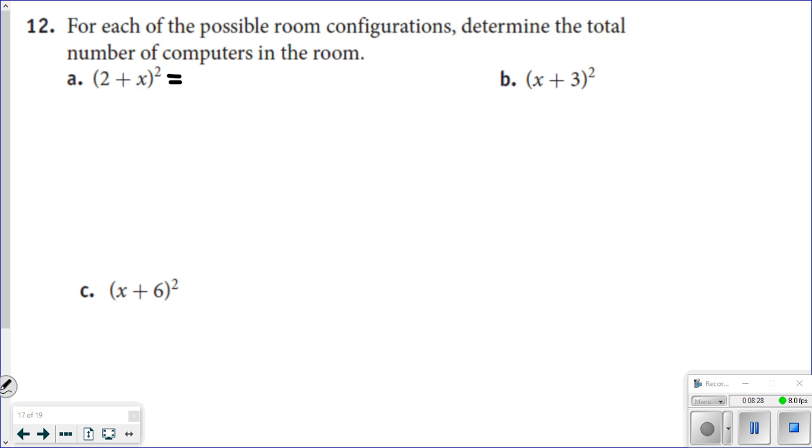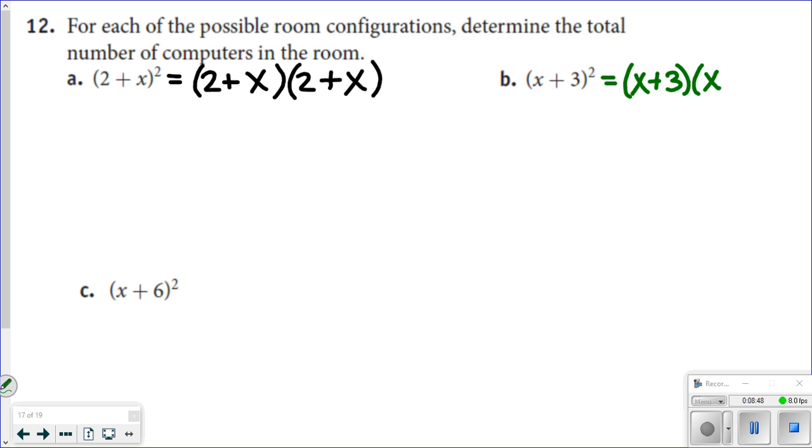Now, before you do that, you might want to write these out as 2 binomials. So this is 2 plus x multiplied by itself twice. So go ahead and do A, B, and C. You can ignore this part after you write it out.